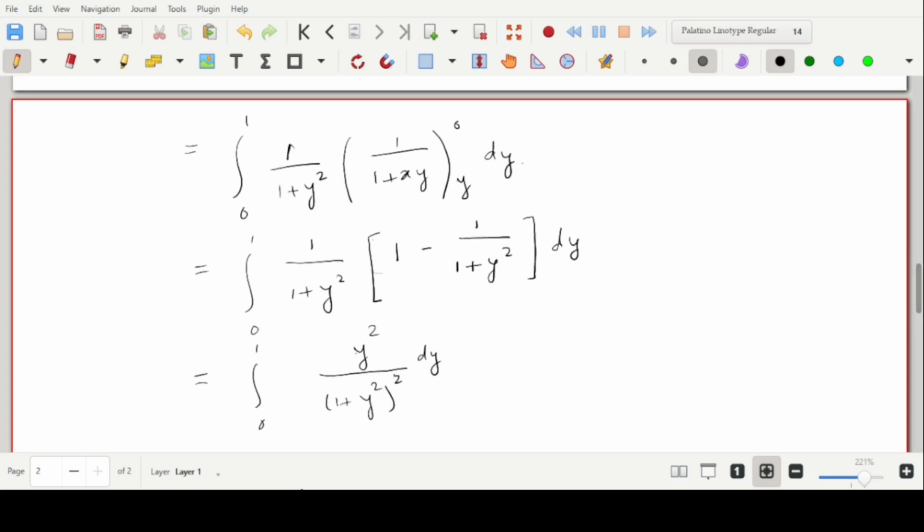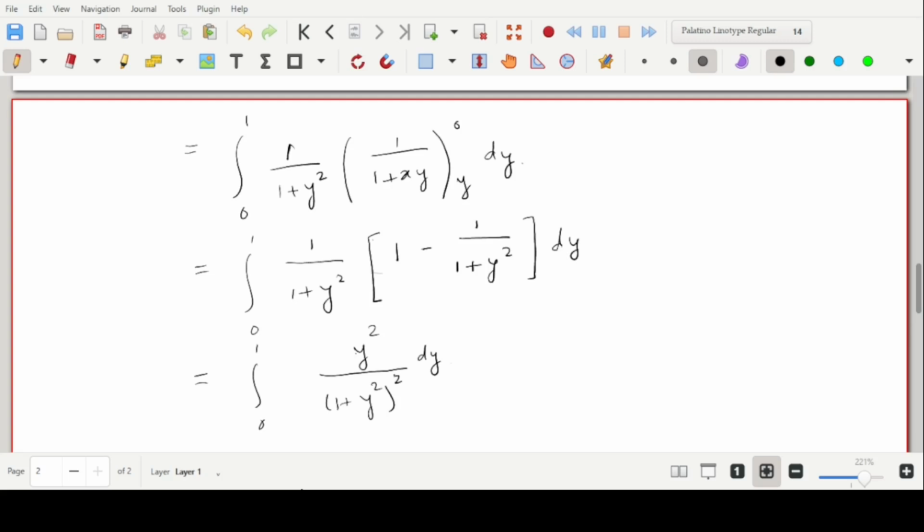Now it becomes just a function of y square which you want to compute, and I will just leave it to you as an exercise to solve it. I think you can solve it using substitution. You can substitute y equal to probably tan theta or something like that, and you can get it solved.